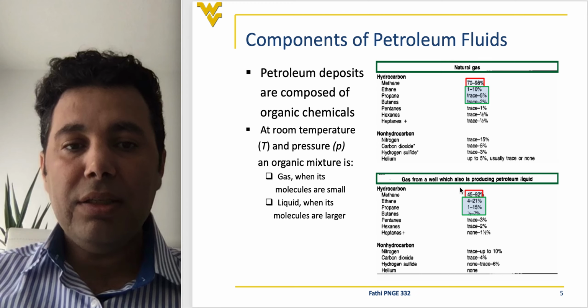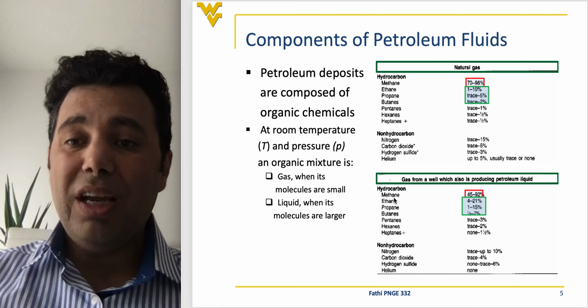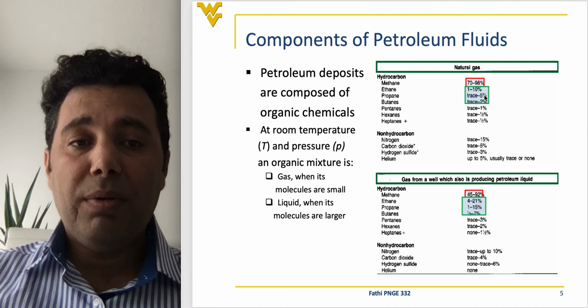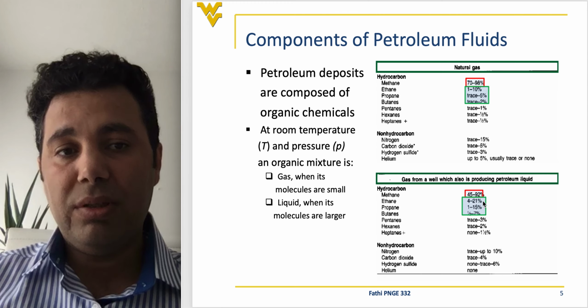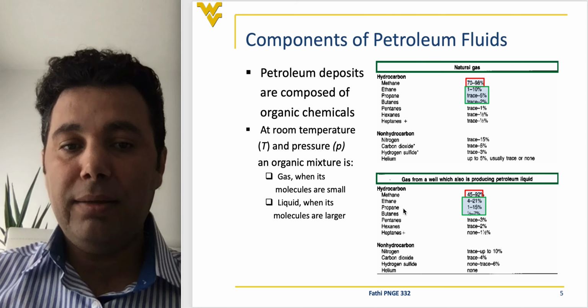So in these kinds of reservoirs, as you can see, the methane, which is the lightest, smallest hydrocarbon component, drops from 70 to 98% in the dry gas reservoir to 45 to 92% in the wet gas reservoirs. And heavier components like ethane, propane, butane.